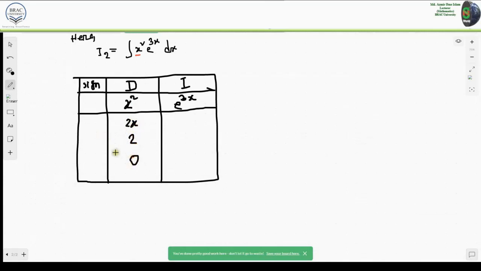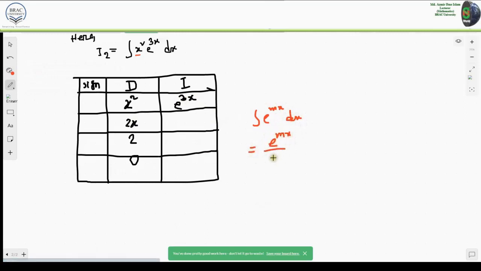So finally the calculation will stop here. Now we have to integrate e to the power 3x, and we know that the formula is integration of e to the power mx dx equal to e to the power mx over m.